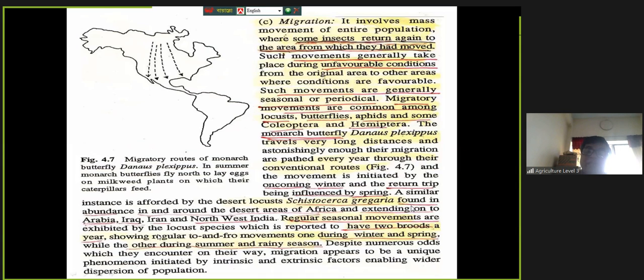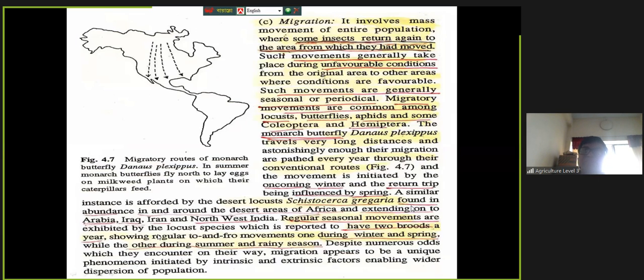Despite the numerous odds which they encounter on their way, migration appears to be a unique phenomenon initiated by intrinsic and extrinsic factors enabling wider dispersion of the population. So, what is said here? Though during their movement, they need to overcome so many odd situations, migration helps the insect.